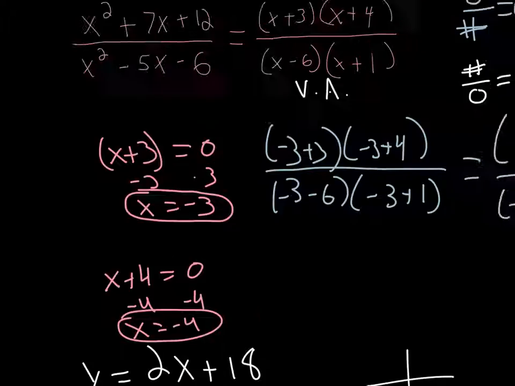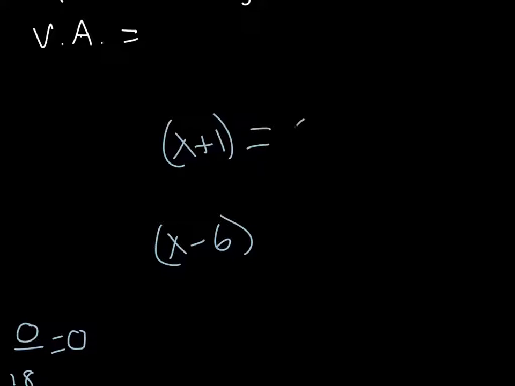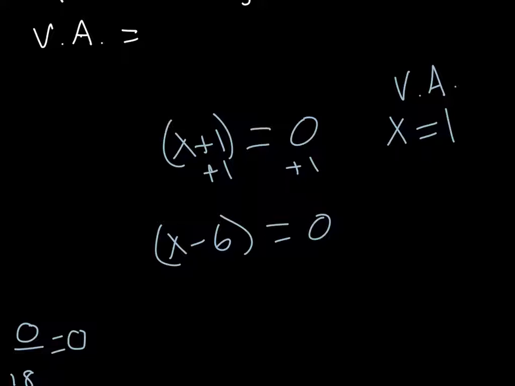So it's the exact same process. This time we're just using our denominators instead. And to solve this, we add 1 to both sides, and one of my vertical asymptotes is at x equals 1. And my other vertical asymptote is at positive 6.